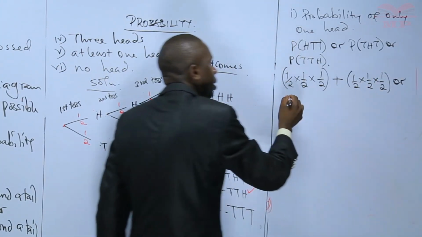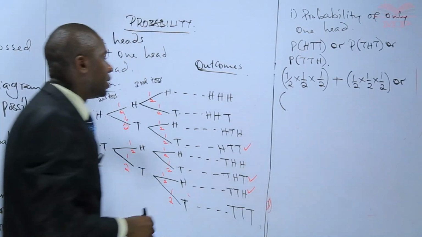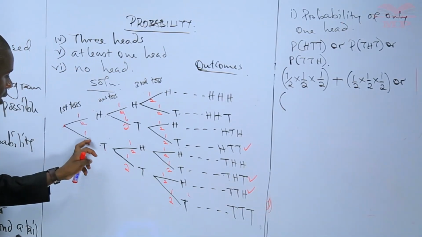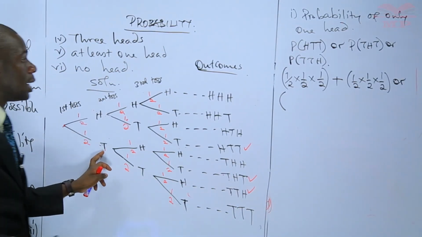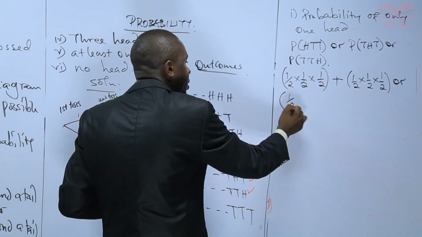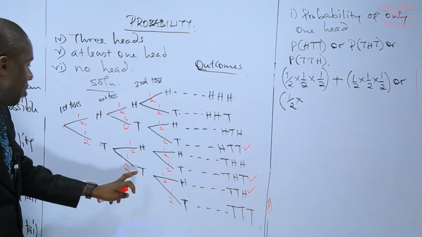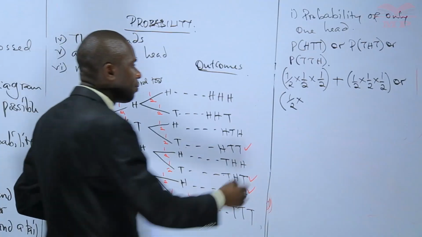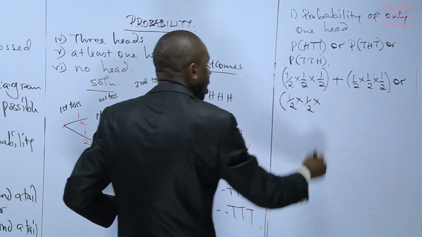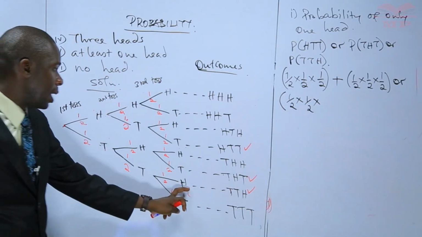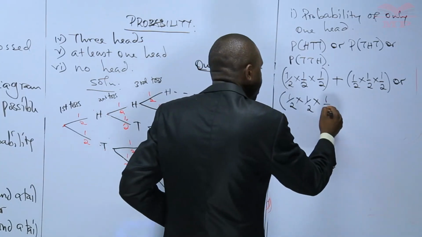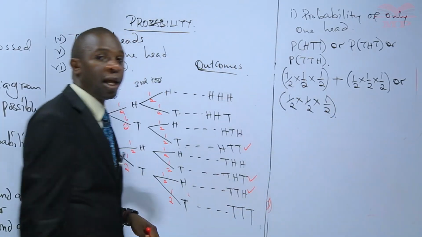Or the third one, the probability of tail, tail, head. So the probability of getting a tail here is a half, and the probability of getting another tail, a half, and the probability of getting a head in this case is a half. So you can work with it that way.